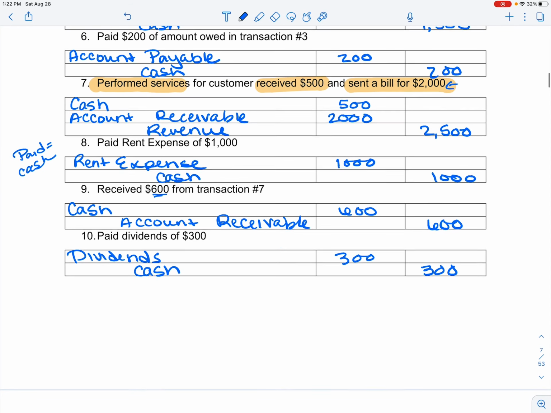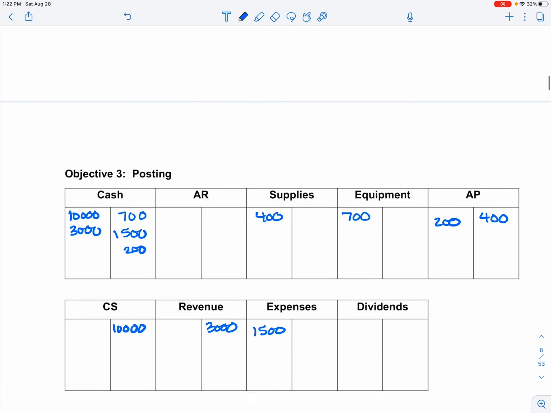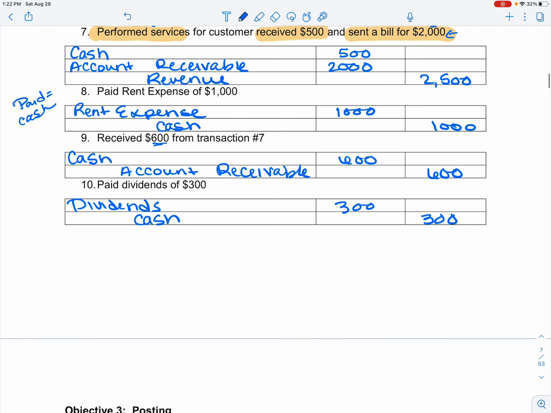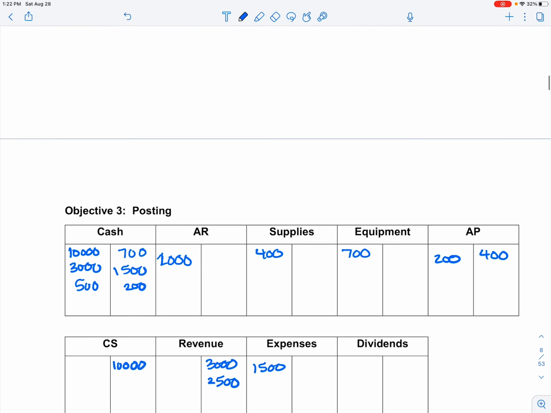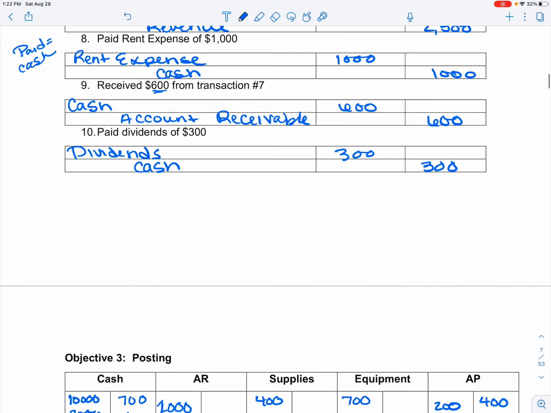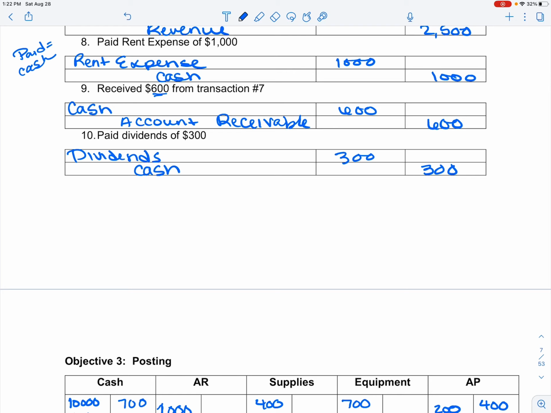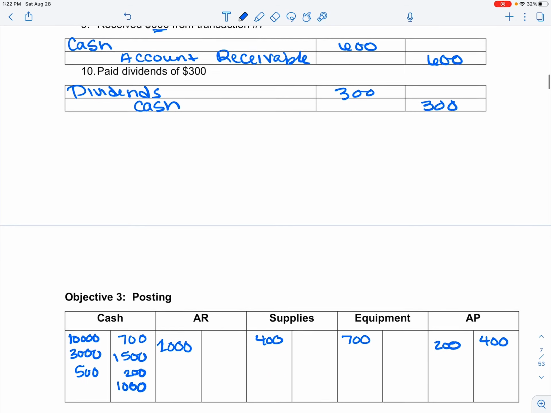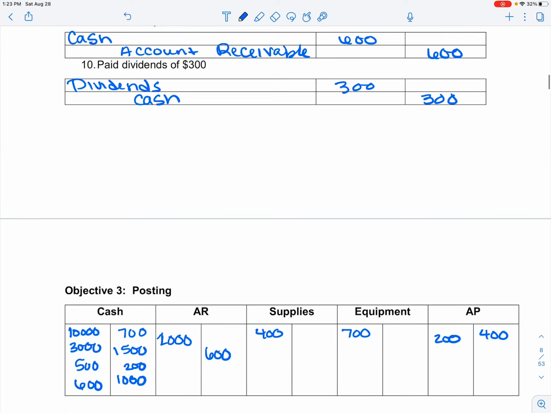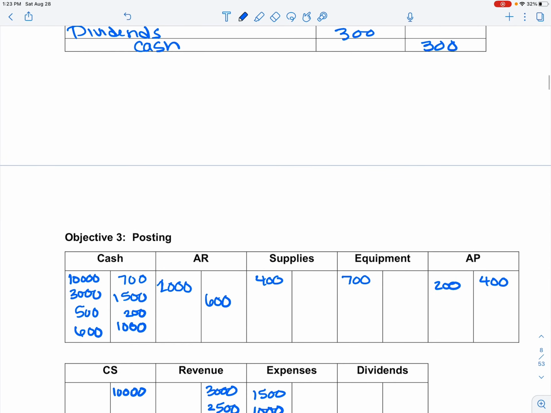Number 7 is cash, accounts receivable, and revenue. So my cash is increasing, my accounts receivable is increasing, and my revenue was increasing. Now I have some rent expense and cash. And finally, 2 more. I have some cash and accounts receivable. And dividends and cash.